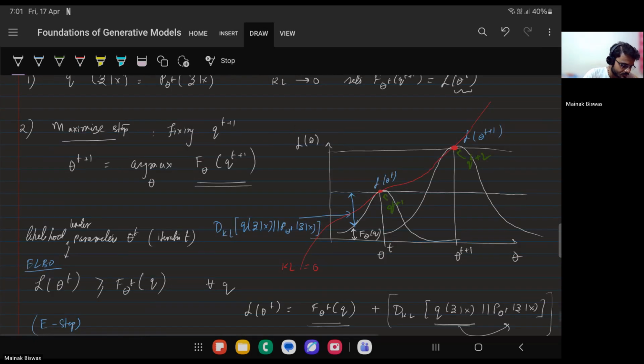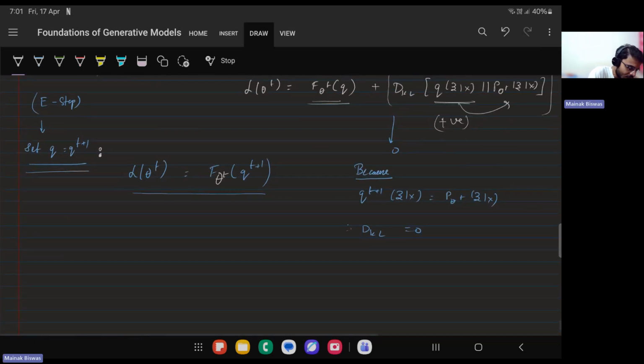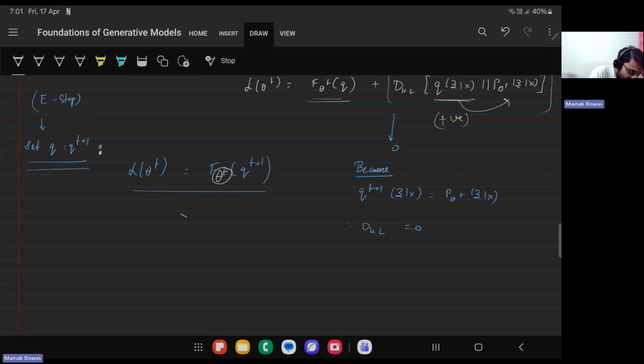So this is for a particular theta t, right? Now if I say that I have arg max over all thetas that is possible for F, Q t plus 1, right? This is by design that the maximum of the function is always going to be, sorry, I wrote the equality on the wrong side.